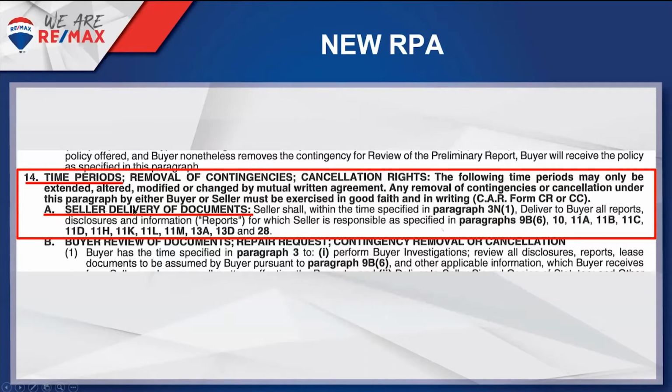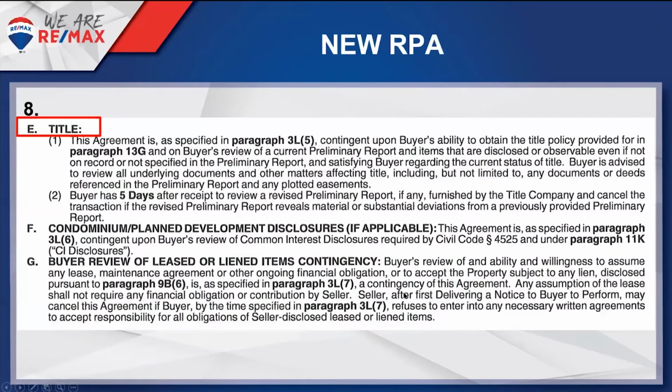In 14A, the seller has to provide documents within the time frame specified, and the default is 7 days, and that's contained in 3N1. And once the seller provides those documents, if the buyer is not happy with what they contain, the buyer could exercise the seller document contingency to cancel.